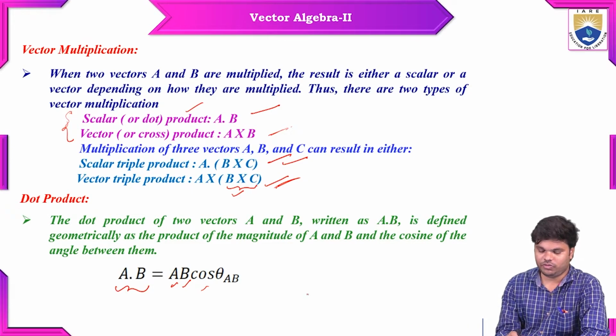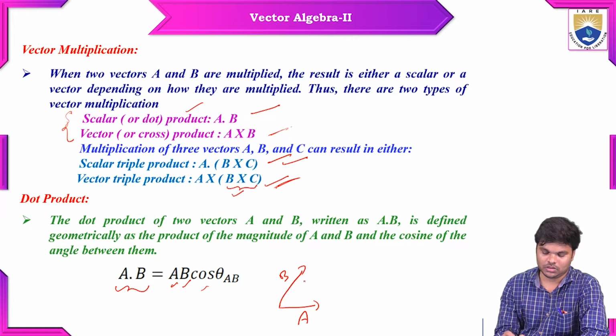That means if we have two vectors, this is A and this is B, and this is the angle between A and B, then A dot B is nothing but mod A into mod B into cos theta AB. Theta AB is the angle between vectors A and B, right?